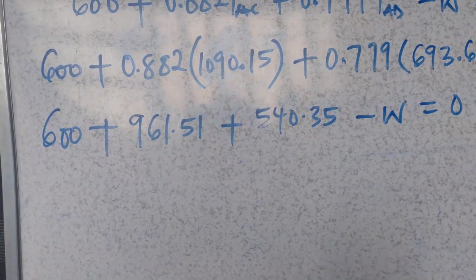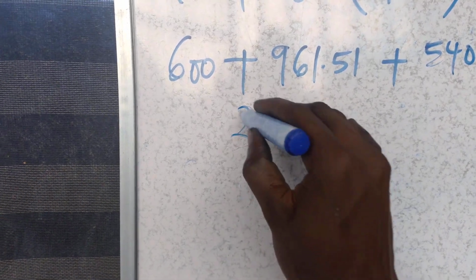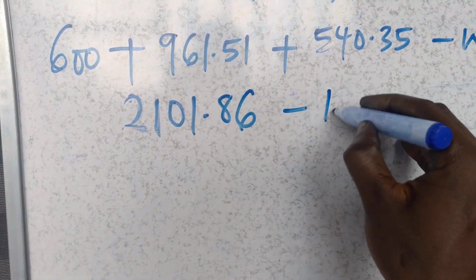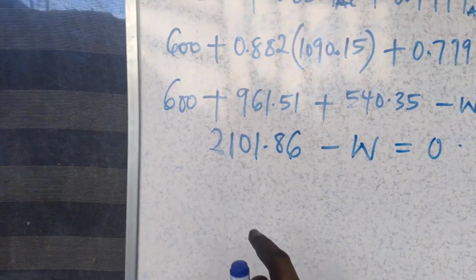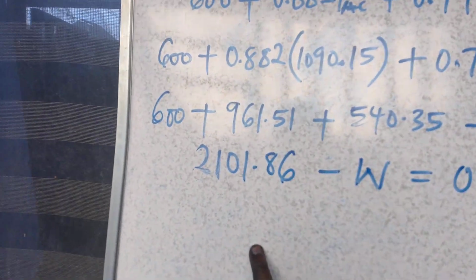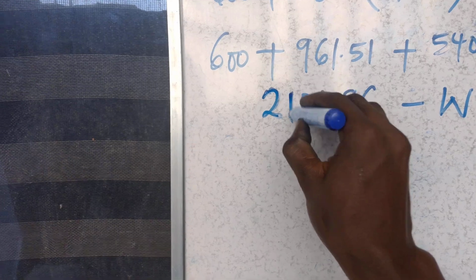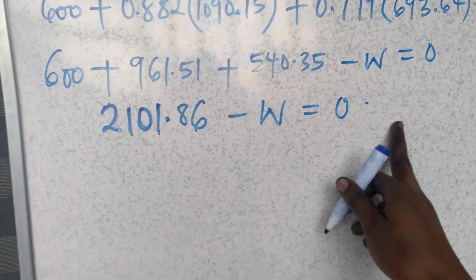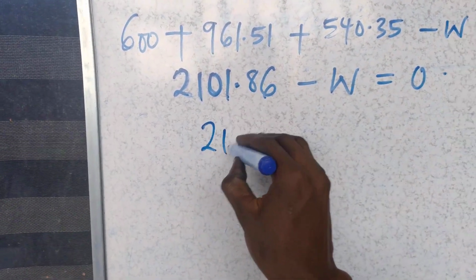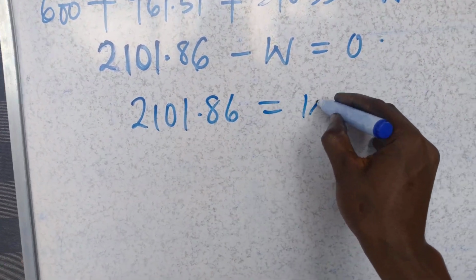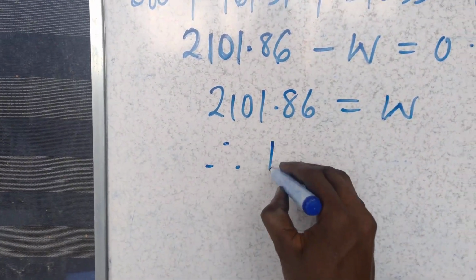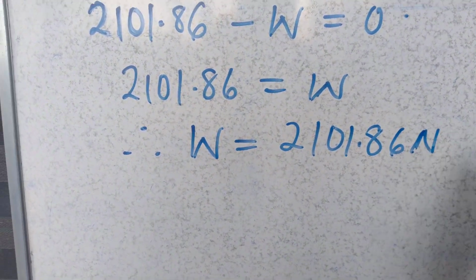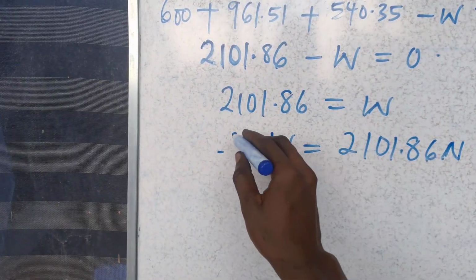If I add them now, I'll be having 2101.86 minus W equals 0. If I carry this minus W over to the other side of the equation, once you cross the equality sign, change it to plus. That's 2101.86 equals W. Therefore, W is equal to 2101.86 Newton. This is the weight of the crate.